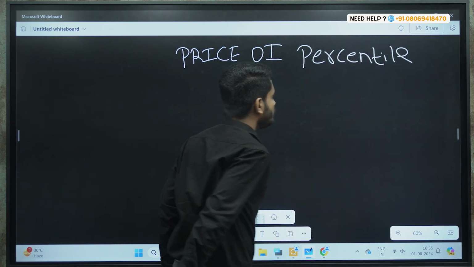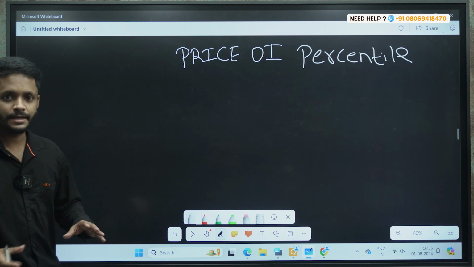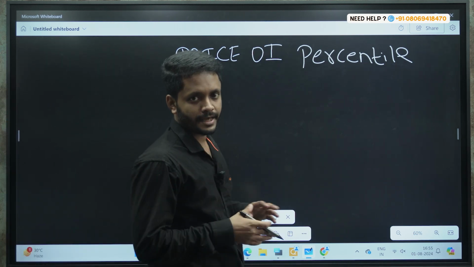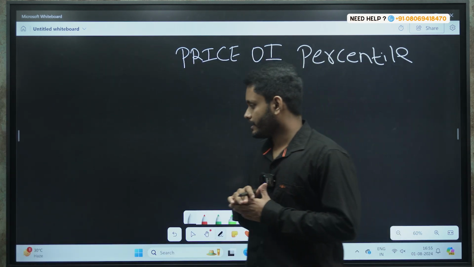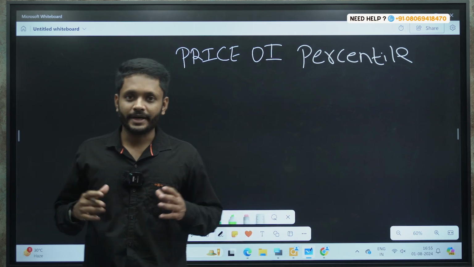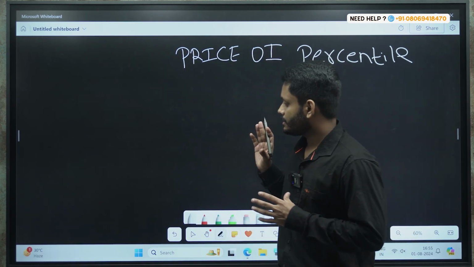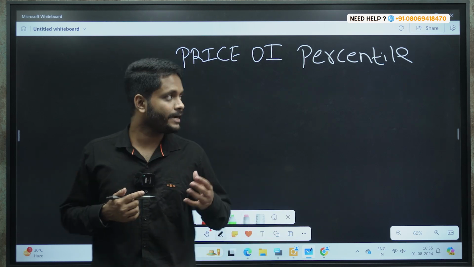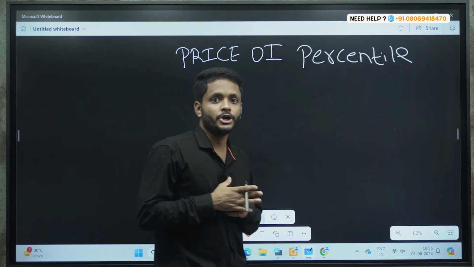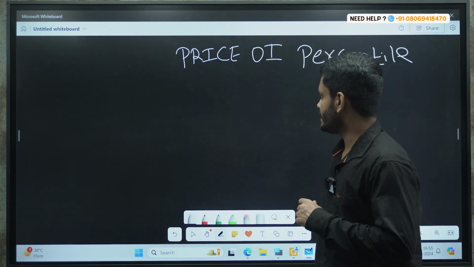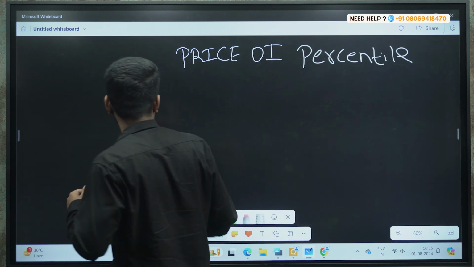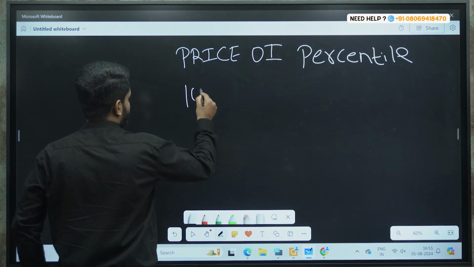Most of you might be aware of the concept of percentile, correct? If you have ever seen competitive exams like CAT or CET, usually the percentile format is used for ranking. So what is percentile? Say for example, there are 100 students in a class.